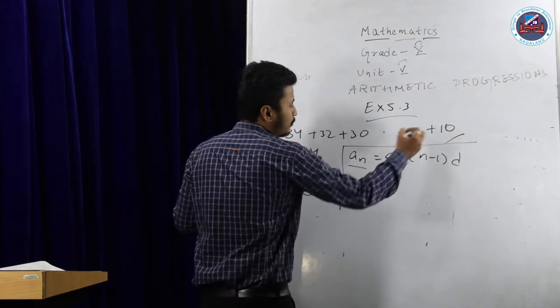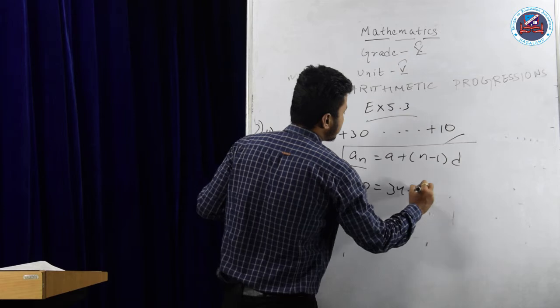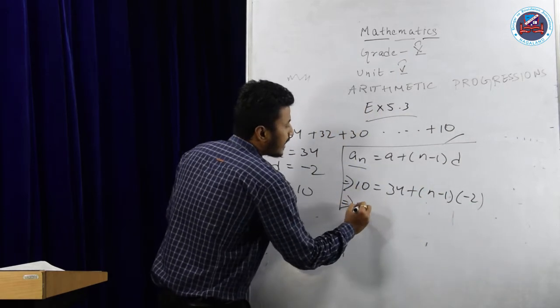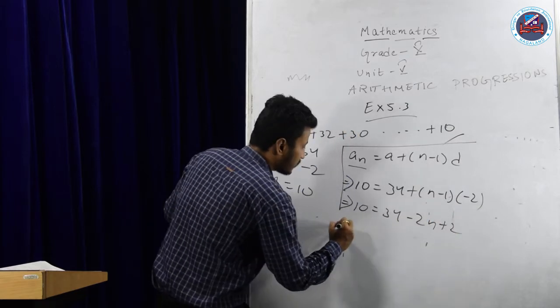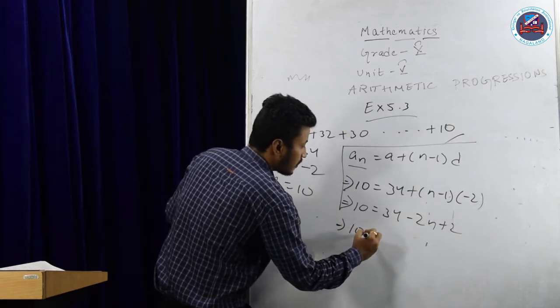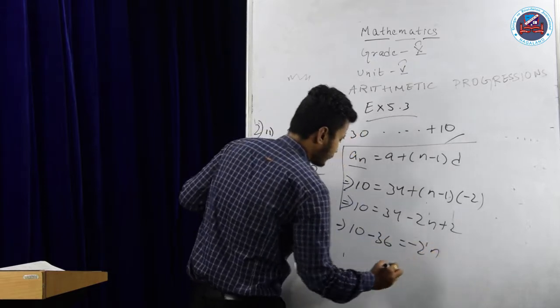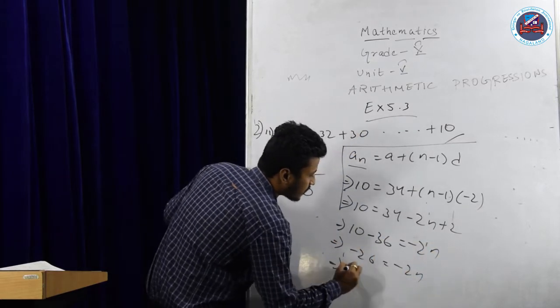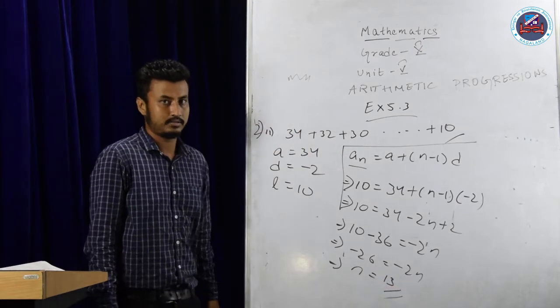In place of an, put 10. 10 equals 34 plus (n minus 1) into minus 2. 10 equals 34 minus 2n plus 2. 10 minus 36 equals minus 2n. Minus 26 equals minus 2n. So the number of terms are how many? n equals 13. I got the value of n as 13 guys.